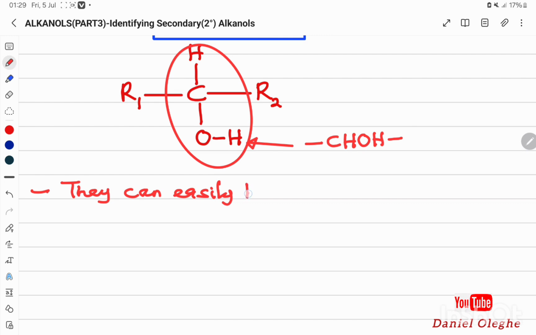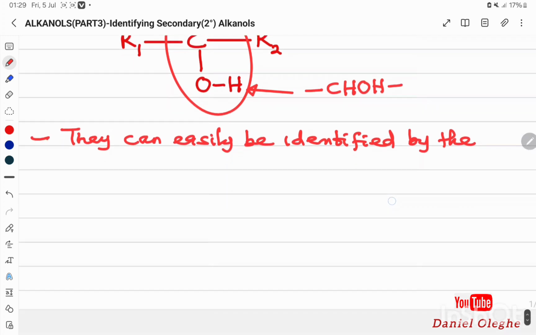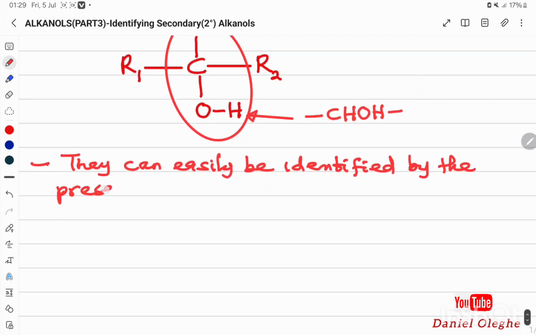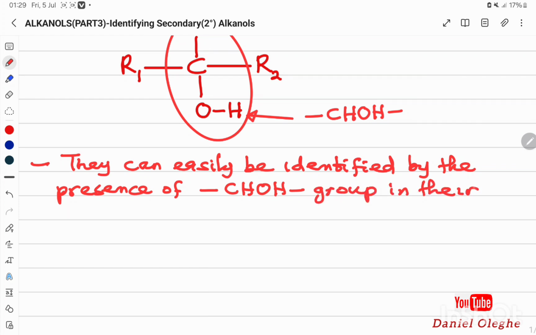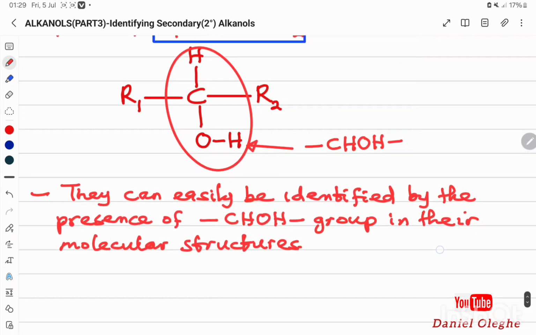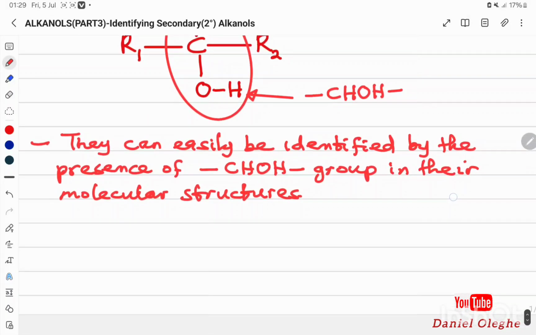They can be easily identified by the presence of the CHOH group in the middle of the structure, in their molecular structures. They can easily be identified by this CHOH group in their molecular structures.